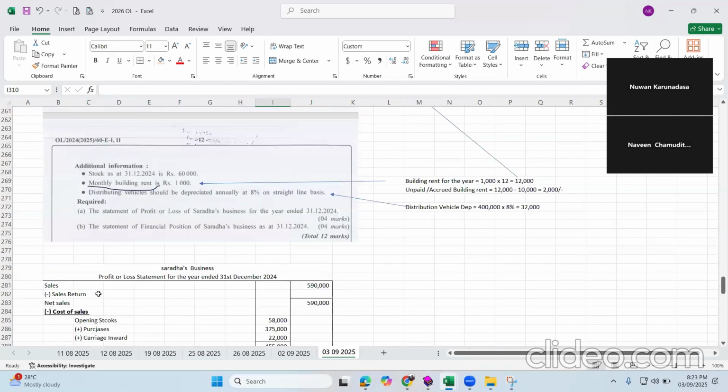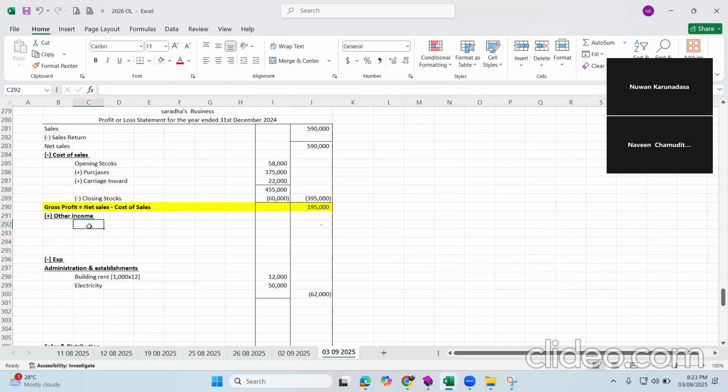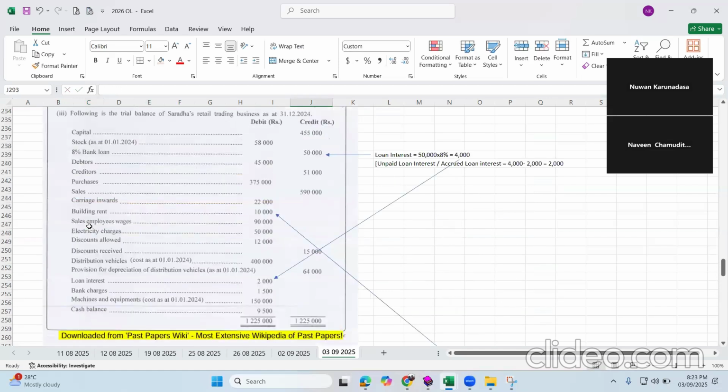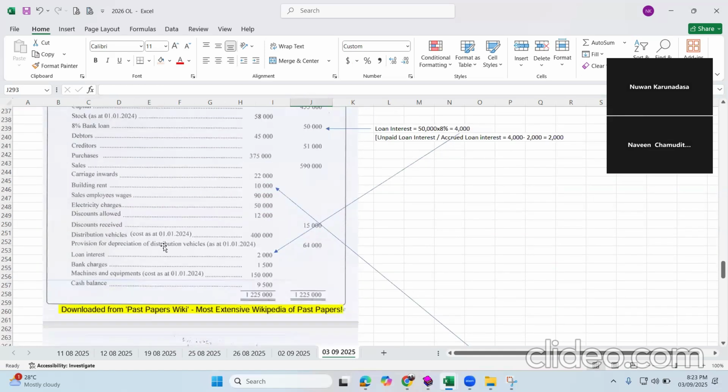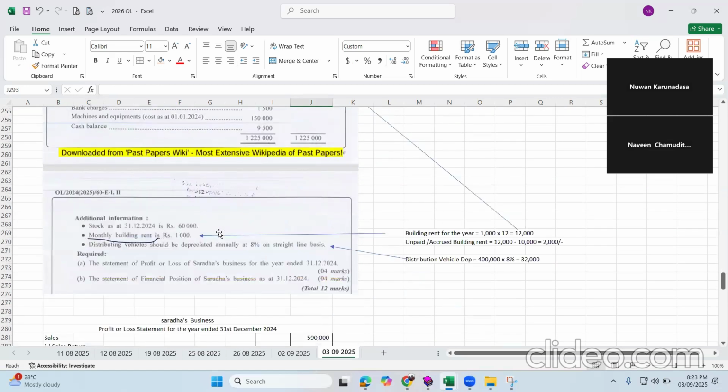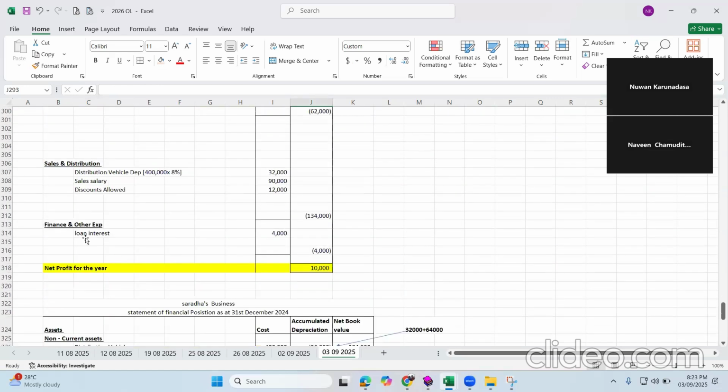Discount received, other income, 15,000. Distribution vehicle taken. Provision for depreciation taken. Loan interest taken. Bank charges 1,500.